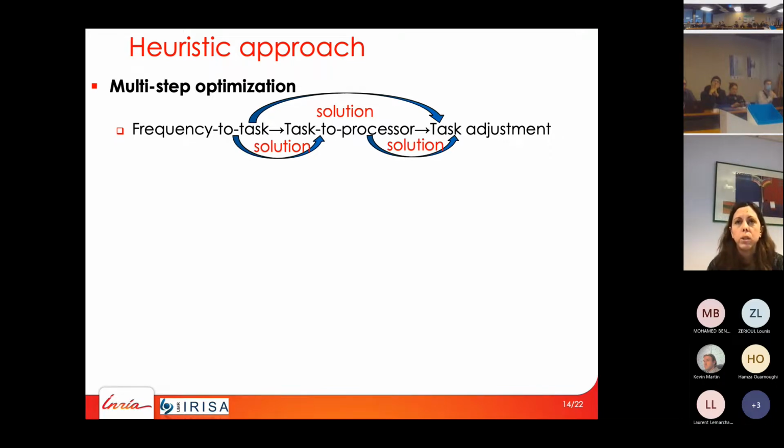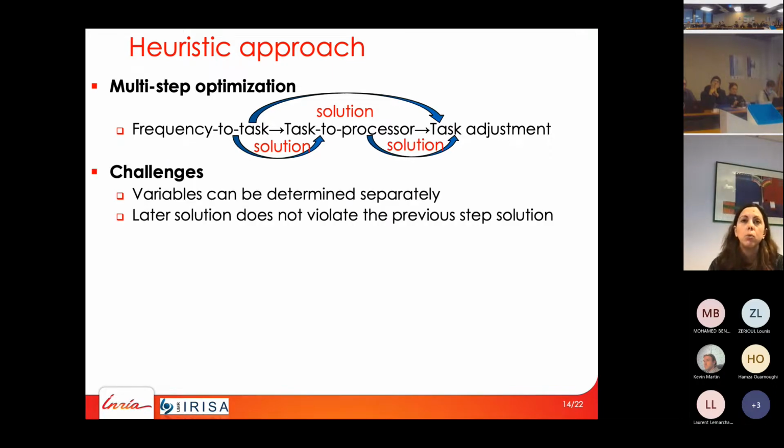To design our heuristic, we have two key challenges. One is that the variables should be able to be determined separately. And also, when we are obtaining the solutions, a solution coming from a previous step should not be violated at the next step. So I will give a bit more detail on the 3 different steps that we have.